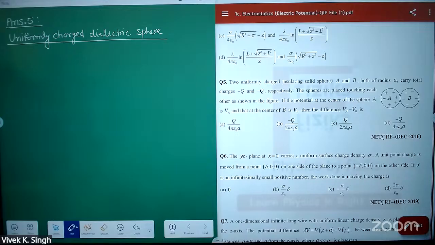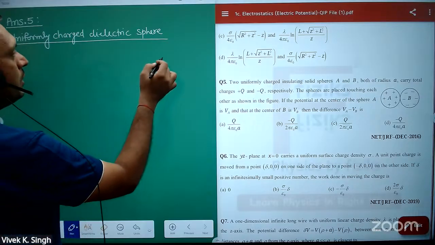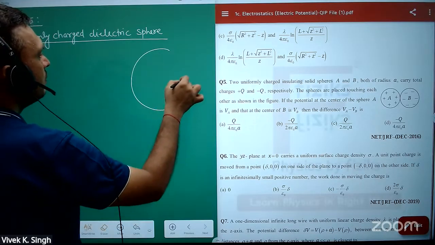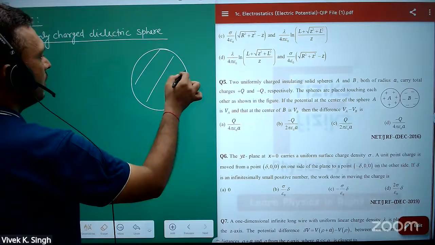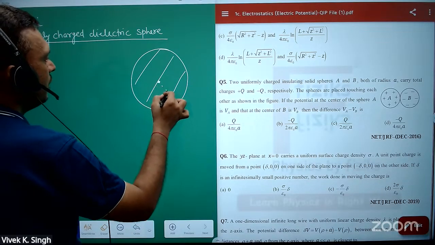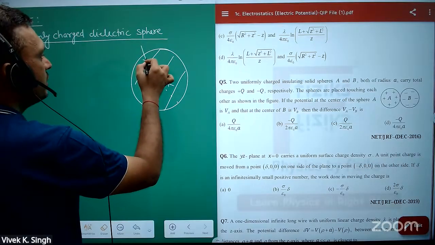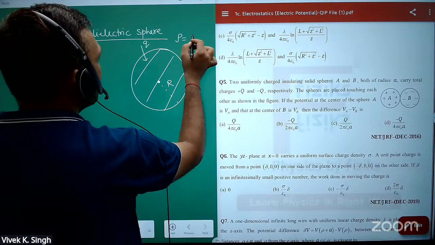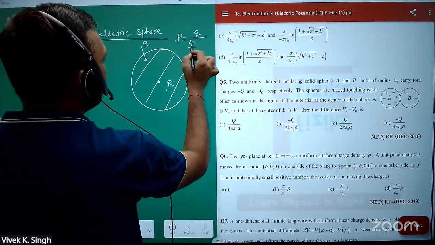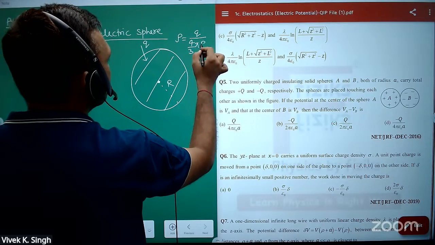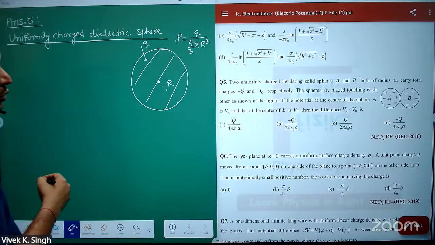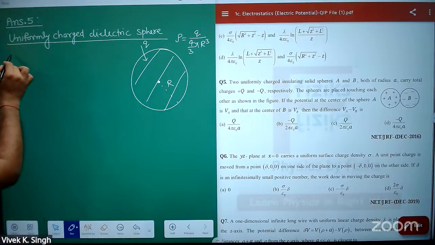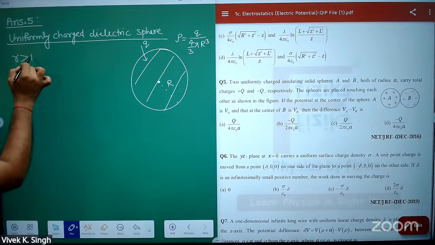So if you have a uniformly charged dielectric sphere of radius capital R and charge Q is uniformly distributed throughout the volume, so that charge density rho is Q by (4 by 3 pi R cubed). So in this situation, what will be the potential outside, r greater than R?